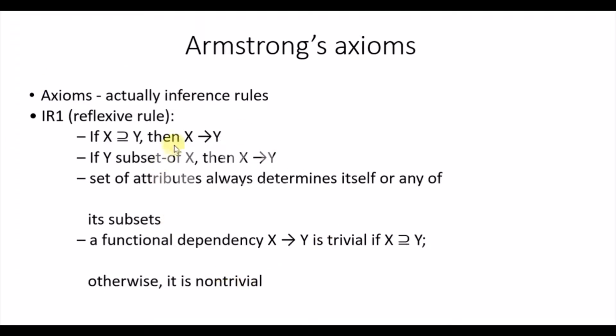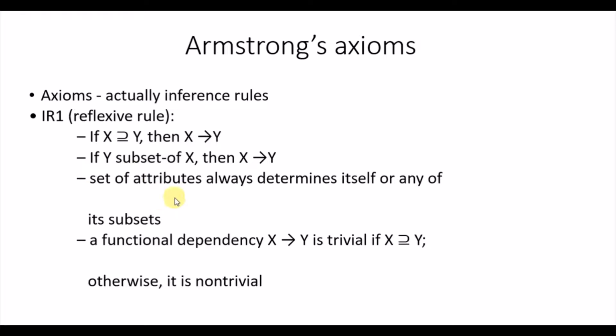It says if X is a superset of Y, then X determines Y. Or, if Y is a subset of X, then X implies Y. That is, a set of attributes always determines itself or any of its subsets.